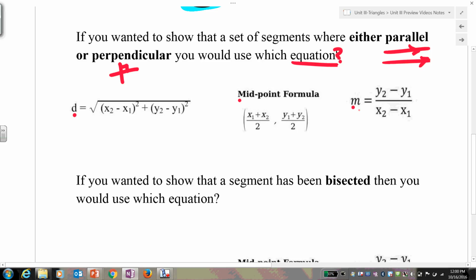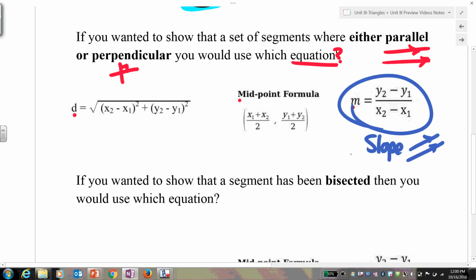You choose in 5 seconds. Parallel and perpendicular is a concept of tilt, so you would use slope. Slope shows things are either parallel or perpendicular.